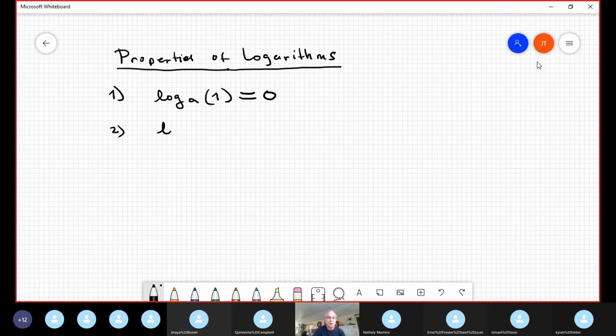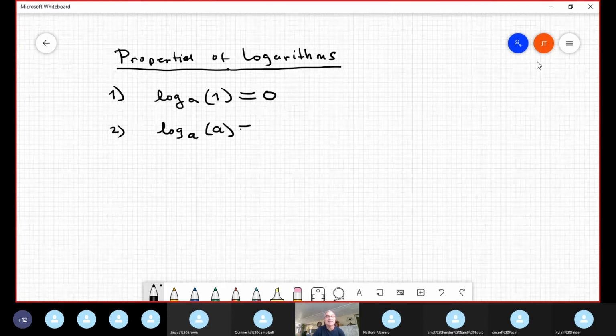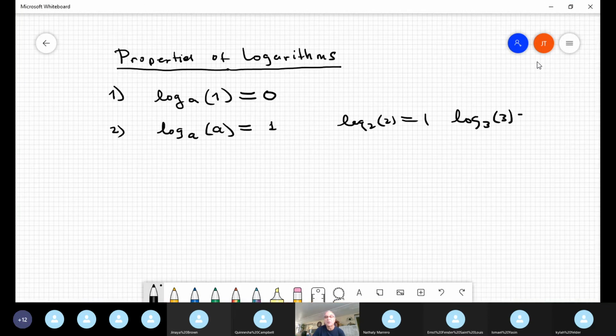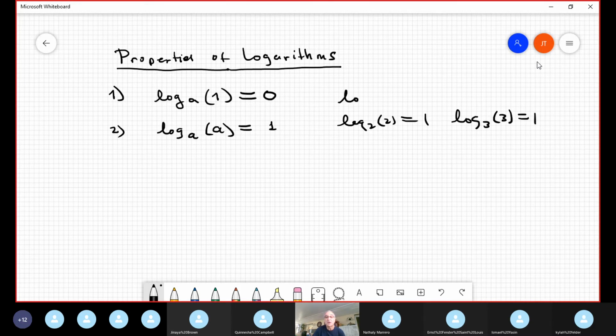Number 2, logarithm when the base is exactly the same as the number inside the argument is 1. Example, logarithm base 2 of 2 is 1. Logarithm base 3 of 3 is 1, and so on. By the way, logarithm base 10, what is that?